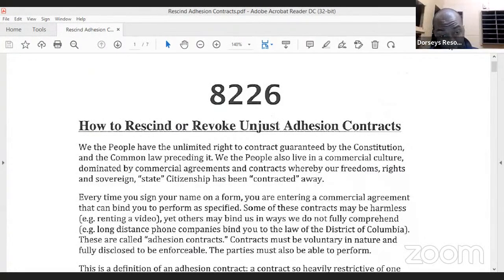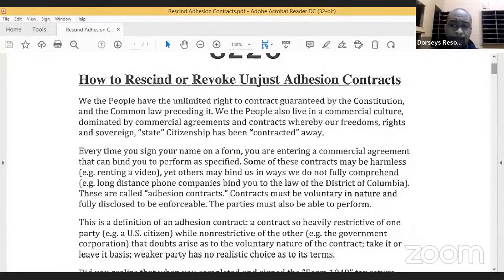So without further ado, this document says how to rescind or revoke unjust adhesion contracts. This is also referred to as invisible contracts as well. That's another term. I'm going to read this document and go through some of it for those of you who may already be familiar with this information.